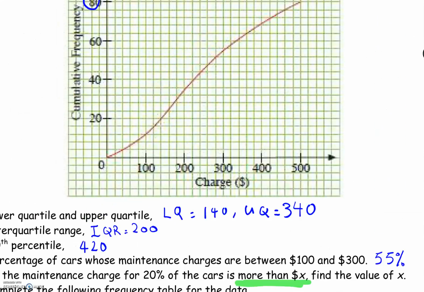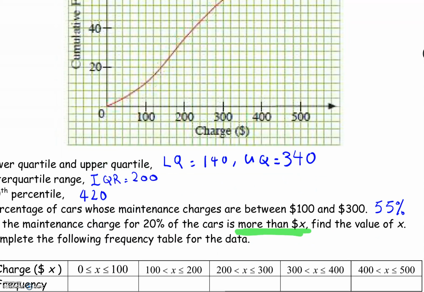Okay, now let's go back to the graph. Now, I want 20%. Look at the question. I want 20% of the cars more than X. So what will you try to do? Will you try and draw 0 to 16 or will you try to draw 64 to 80? 64 to 80, do you understand? So how do I find the X? Very simple.